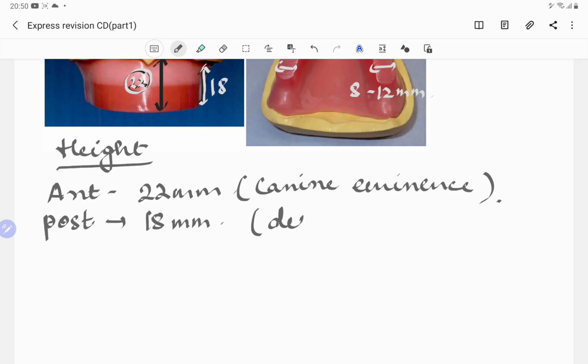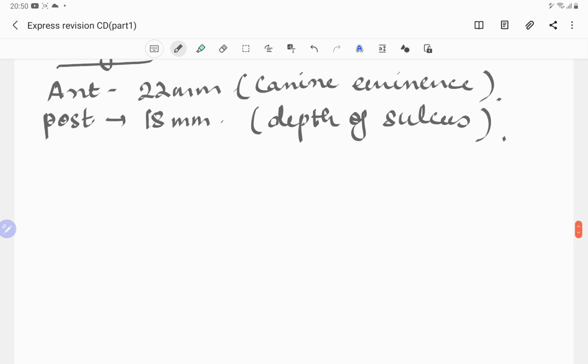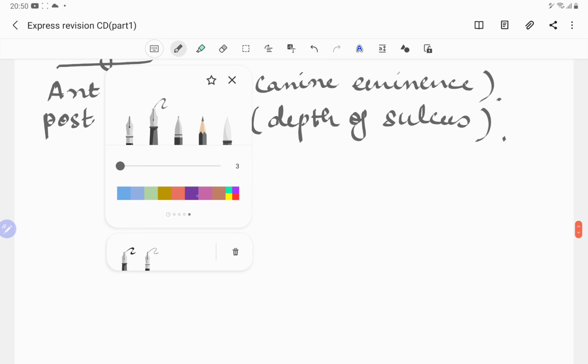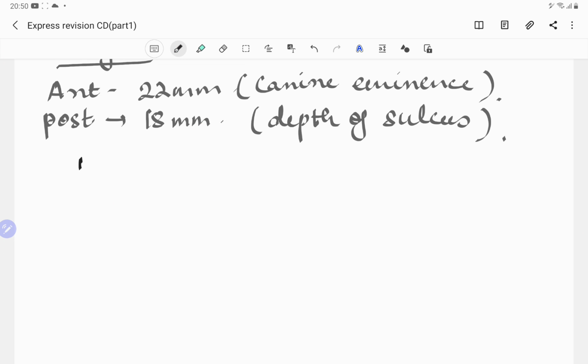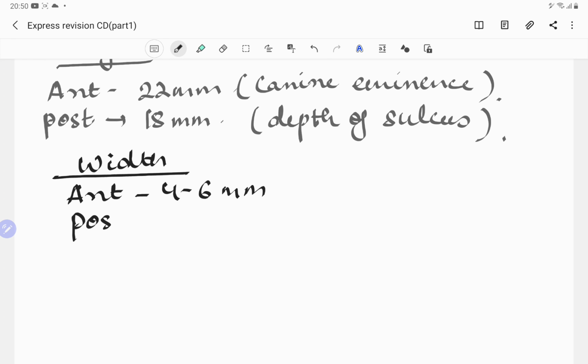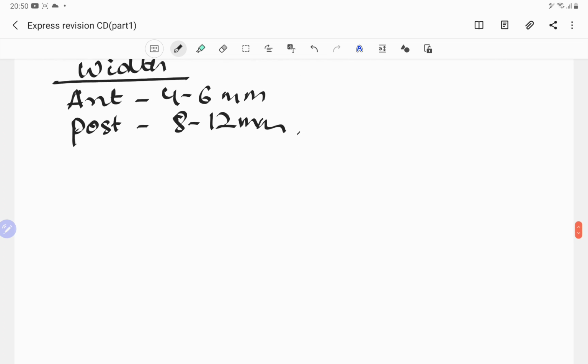Posteriorly it is from the depth of the sulcus. Right. Width anteriorly is 4 to 6 millimeters. Posteriorly it is 8 to 12 millimeters. Right. Width posteriorly is more.